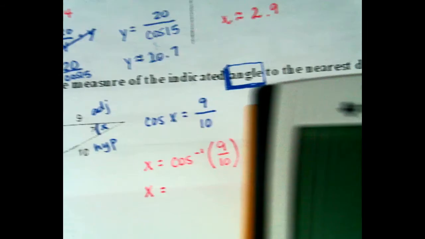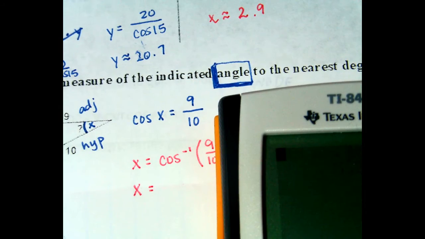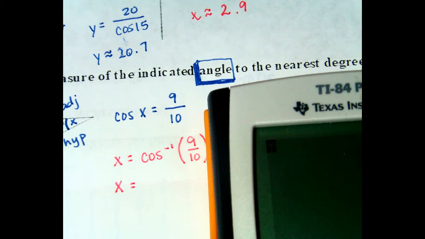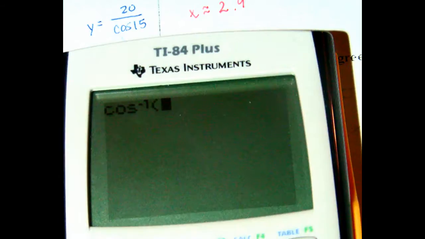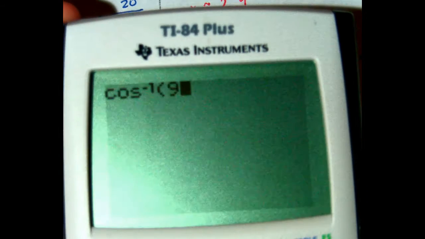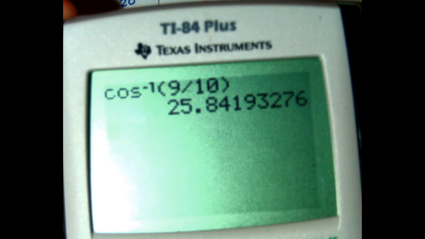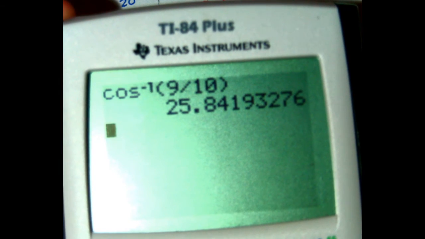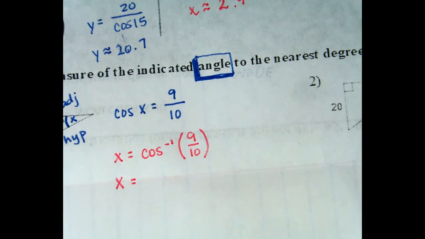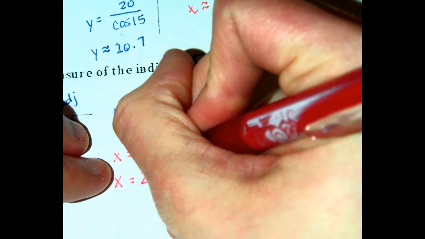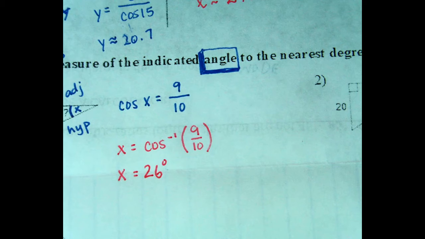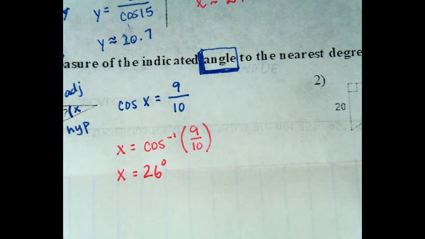So if you're confused, press second cosine, 9 divided by 10, and you should get 26 degrees. Since it says to the nearest degree, we're going to round up since it's 0.8. So our missing angle is 26 degrees. We could find the other one by just subtracting from 180 or 90.